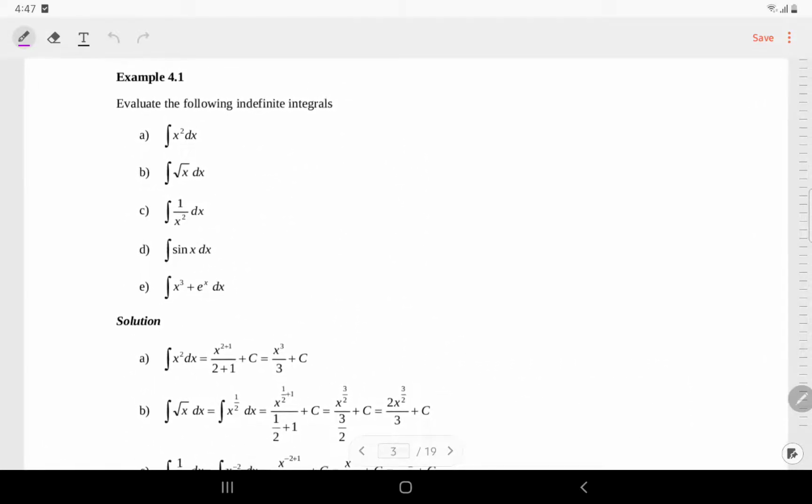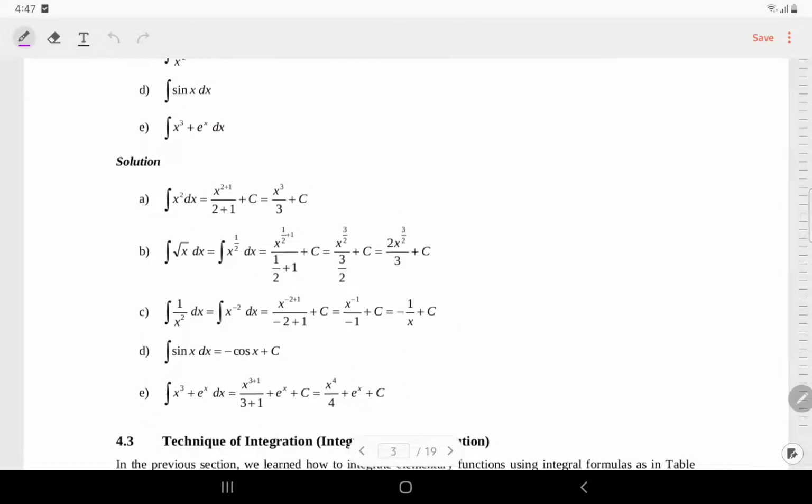So let's take a look at this example. Kita nak integrate x square, integrate square root x, integrate 1 over x square, integrate sin x, integrate x cube plus exponent x. So kita tengok kat sini, this is the solution.